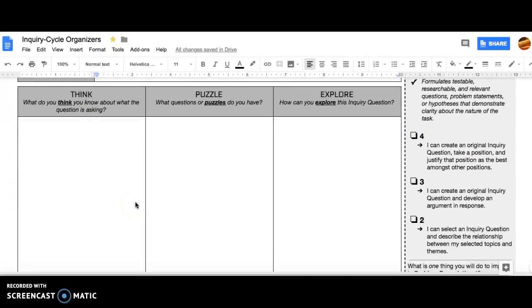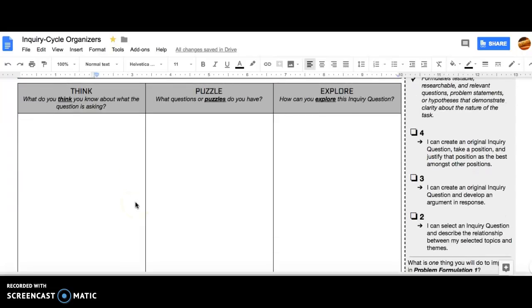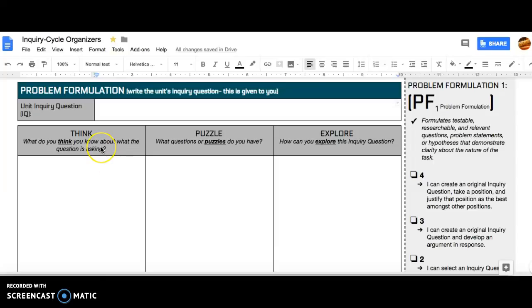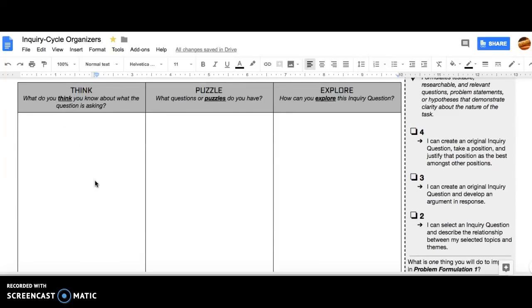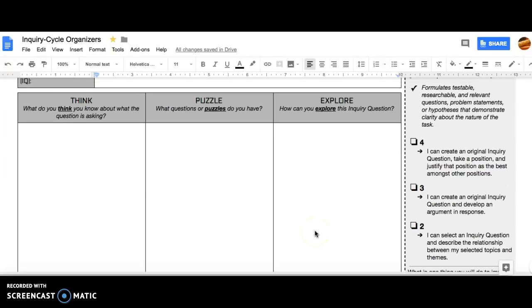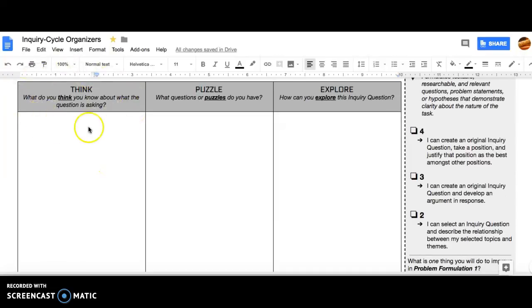This organizer is straightforward. It has you basically thinking, asking questions, and then thinking about how you will explore or investigate the inquiry question. And the good thing about this organizer is that you are given questions to consider in order for you to understand the question more. The first column here is think.